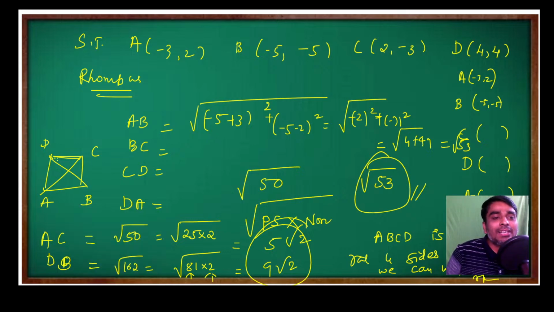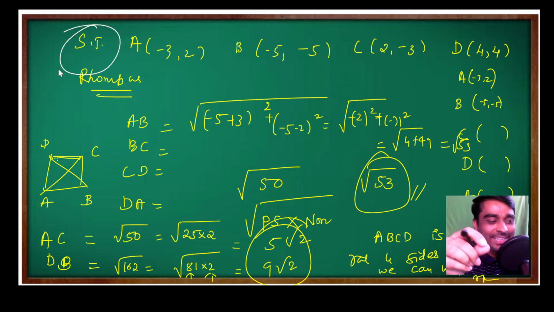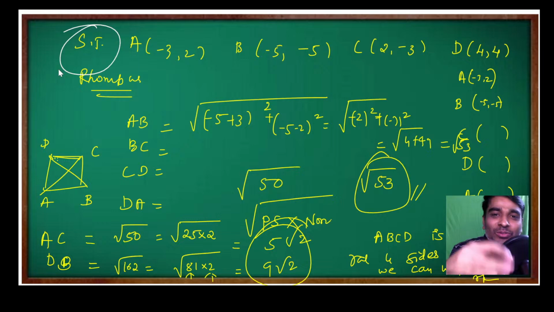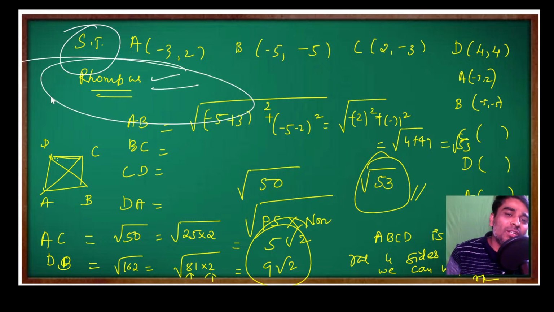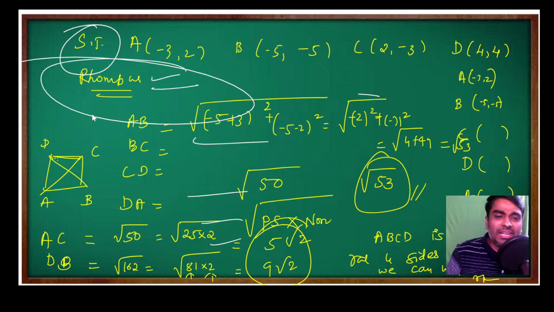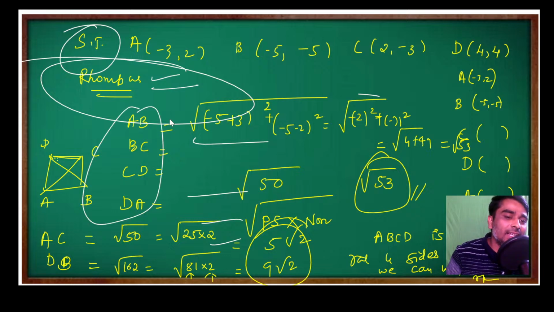Because see, he told show that, right? This is the hint, remember. Show that means the answer is there only. You just need to show. He is telling it is a rhombus, he wants you to show it. Just do it and finally write ABCD is a rhombus. Mainly see these sides: AB, BC, CD, DA. If the sides are equal, then done.